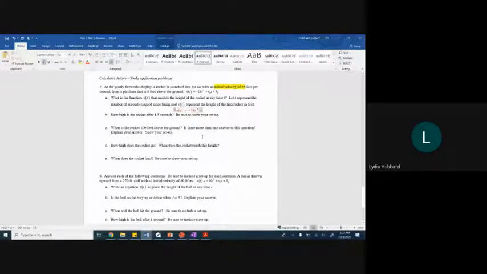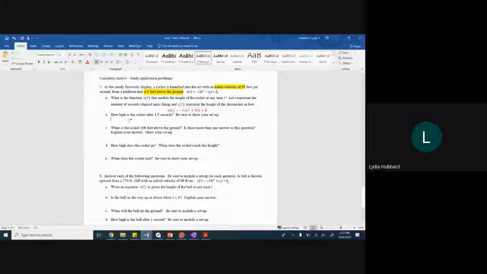So we're going to be adding 95 feet per second, so I need to multiply that by time. And then it's saying it's being launched from a platform that is 8 feet above the ground. So that 8 feet above the ground is telling me that my initial height, my h0, is going to be 8. So this would be our setup for that problem.